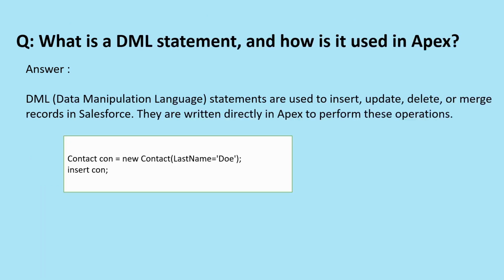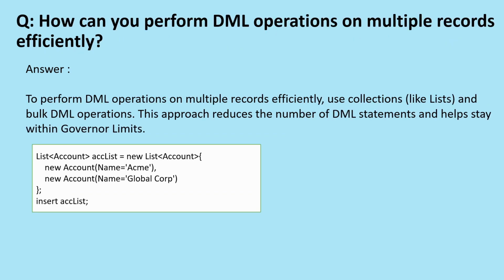Our next question is, what is a DML statement and how is it used in Apex? DML, which is data manipulation language, statements are used to insert, update, delete or merge records in Salesforce, as we discussed about it. They are written directly in Apex to perform these operations. Our next question is, how can you perform DML operations on multiple records efficiently?